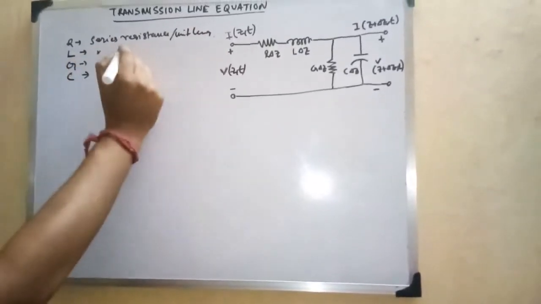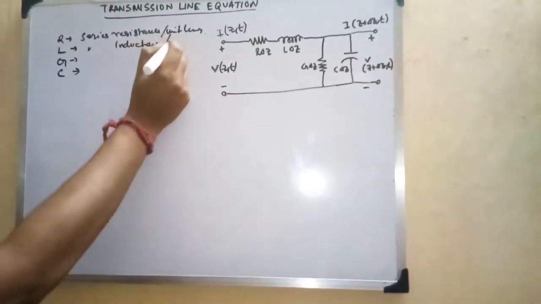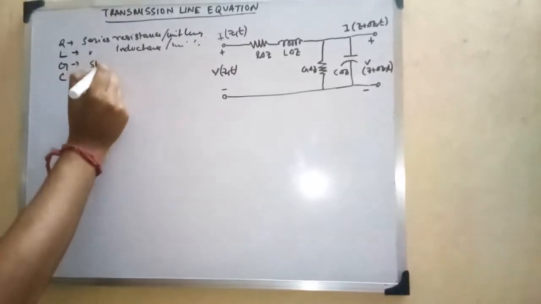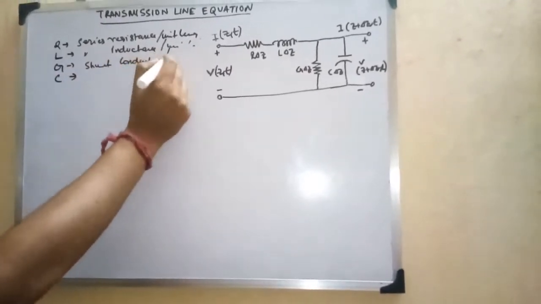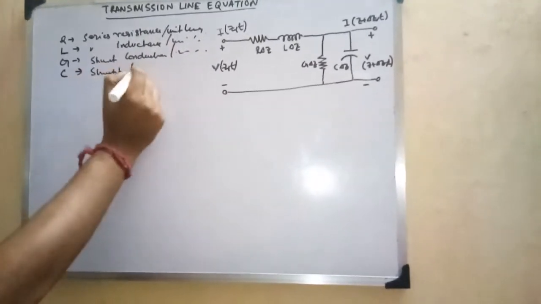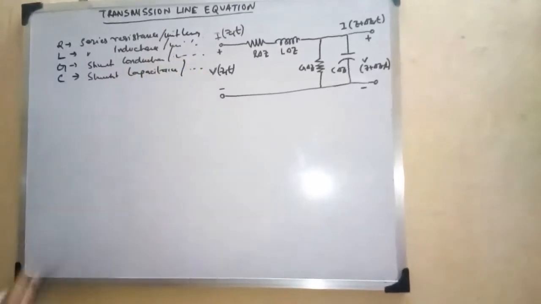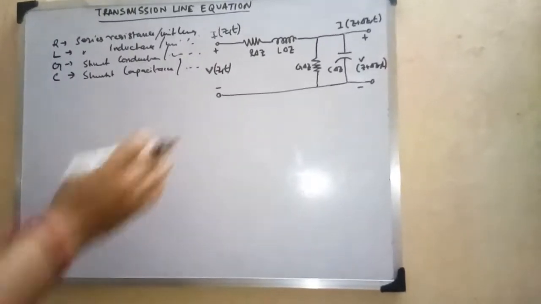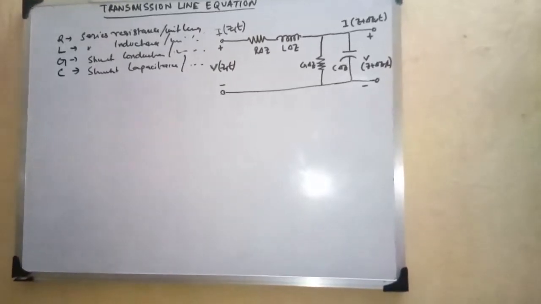This is your series inductance per unit length, this is your shunt conductance per unit length, and this is your shunt capacitance per unit length, right?